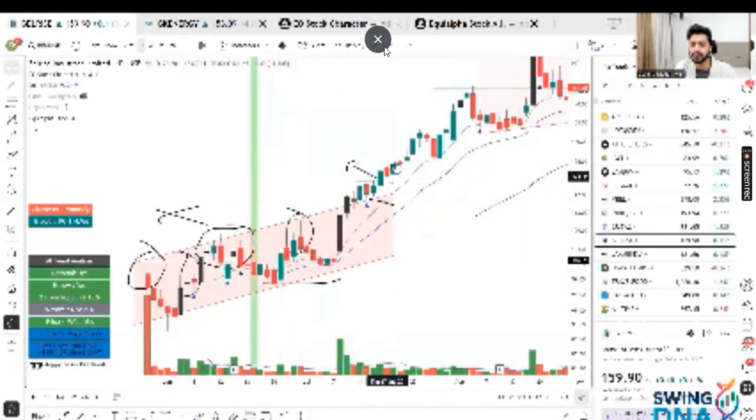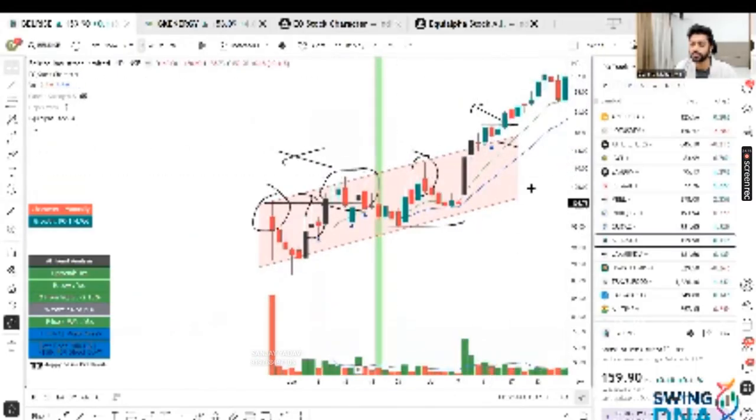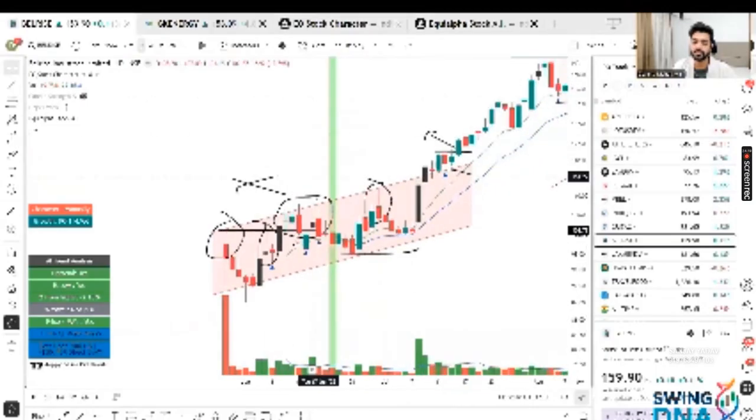And see how the wicks reduced. Can you see the difference between here and here? First 15 and next 15. Is the difference visible? Look at these 1, 2, 3, 4, 5, 6, 7, 8 sessions in the first 15, with high reversals. Look after that. It was better compared to this, right?